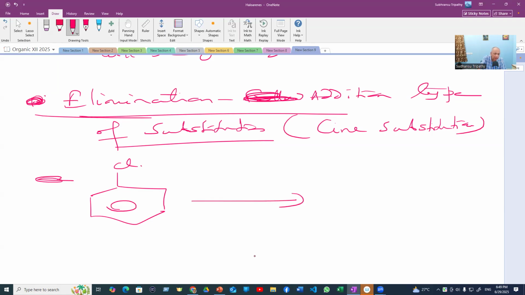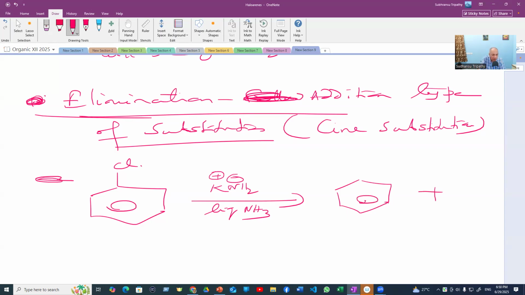Particularly when you take a strong base and strong nucleophile like KNH2, where the amide ion is the nucleophile, in the presence of liquid ammonia solvent, then interestingly you get two products.